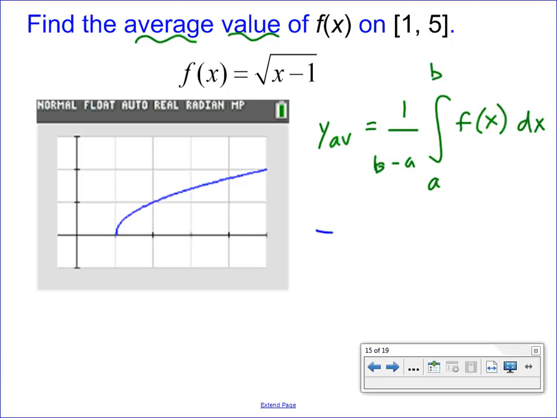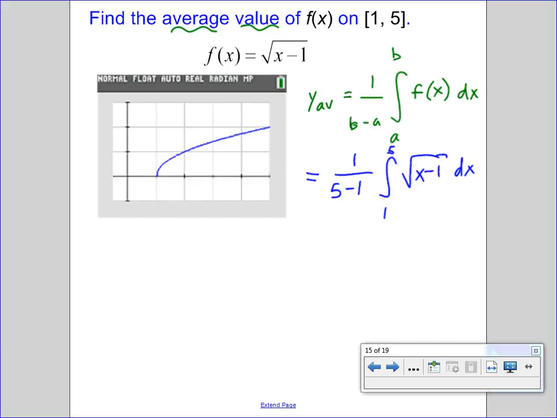So I can find that now by doing 1 over b minus a, which is 1/4, times the integral from 1 to 5 of square root of x minus 1 with respect to x. And I have all the pieces. I know how to evaluate a definite integral non-calculator and algebraically.